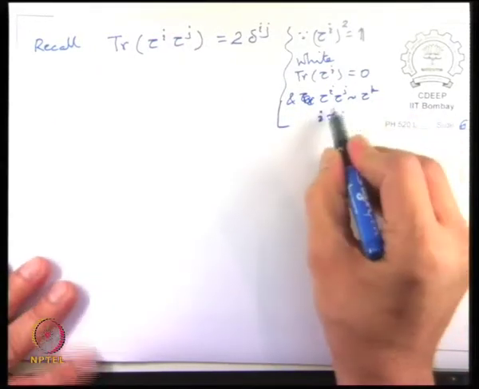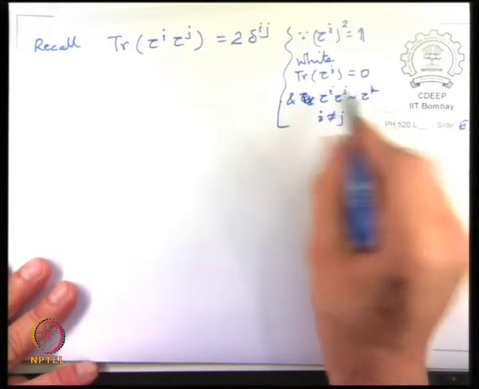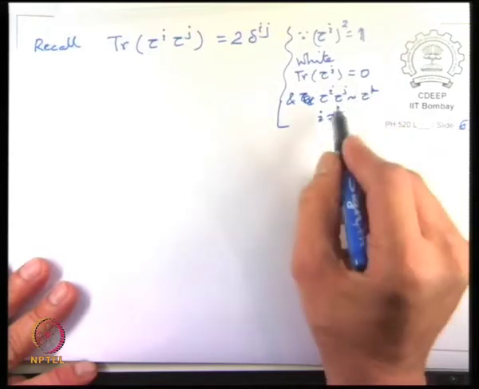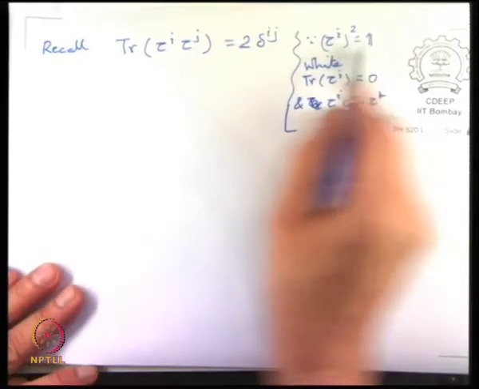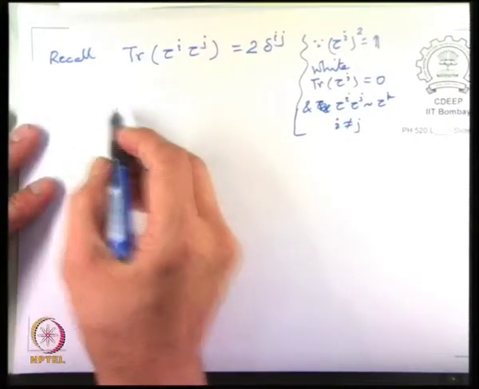Since the product of two taus gives you a third tau, and if the trace of all taus is 0, then this is always going to produce 0 unless i and j coincide and we get identity, in which case we get 2.